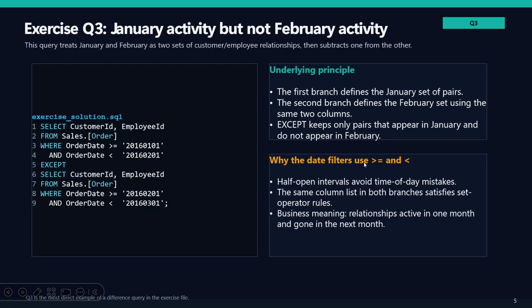Whether that filter uses greater-or-equal and less-than, half-open intervals avoid time-of-day mistakes. The same column lists in both branches satisfy set operator rules. Business meaning: relationship activity in one month and gone in the next month.